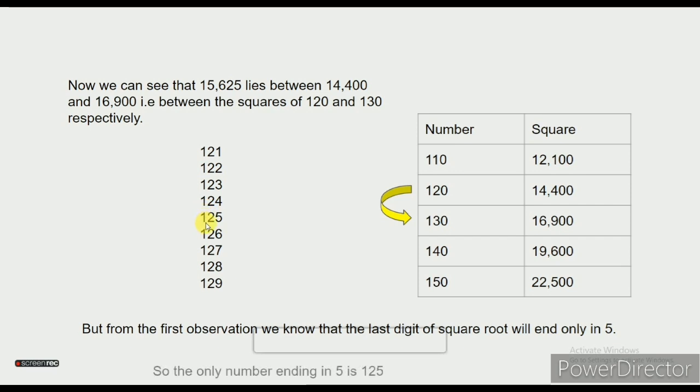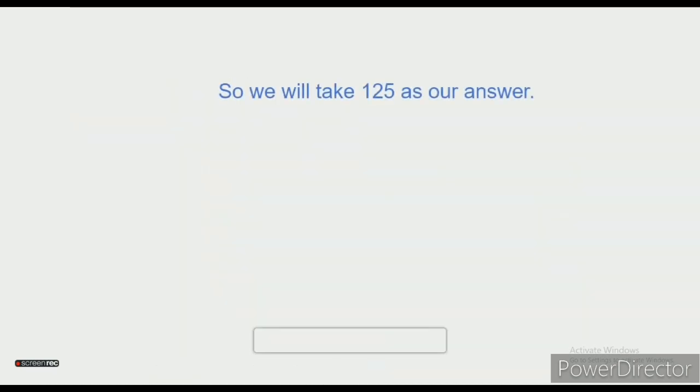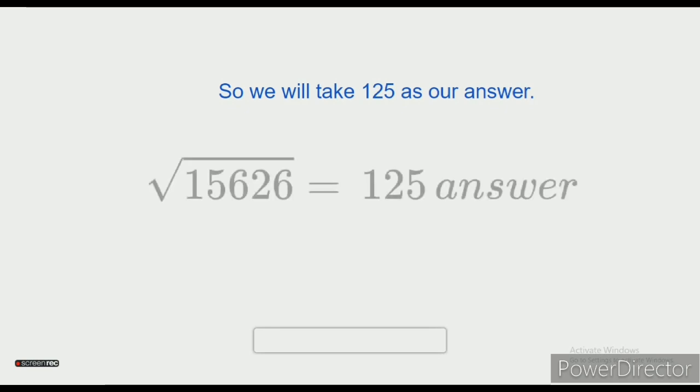So, we will strike out all other possibilities. So, we will take 125 as our answer. So, the square root of 15,625 will be 125.